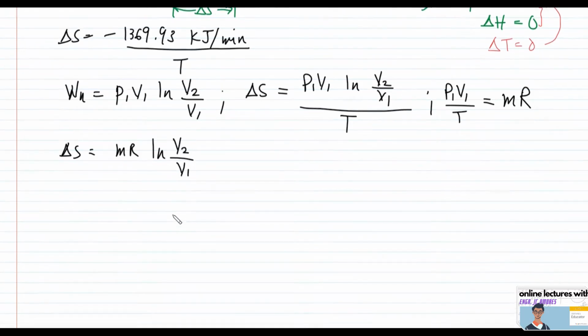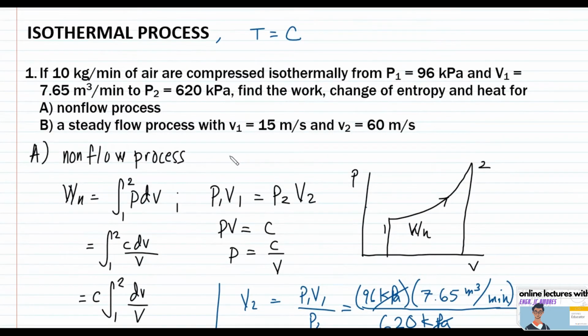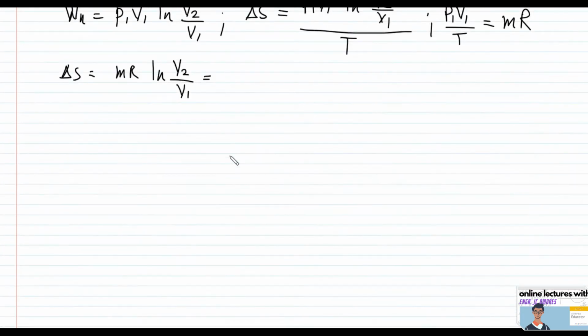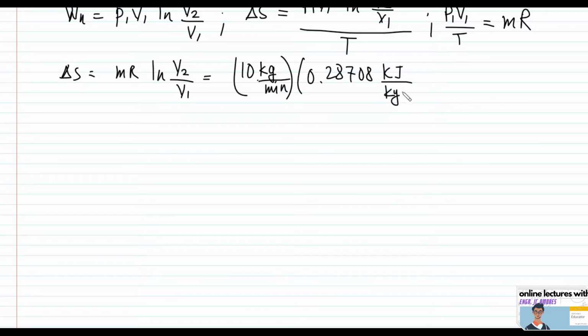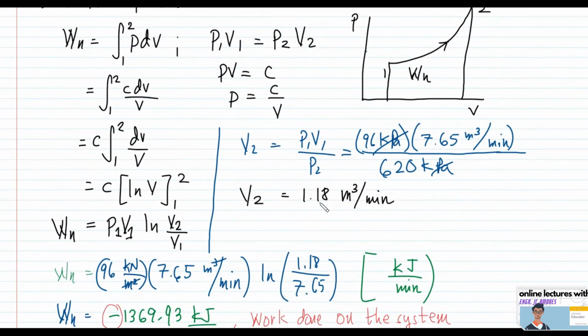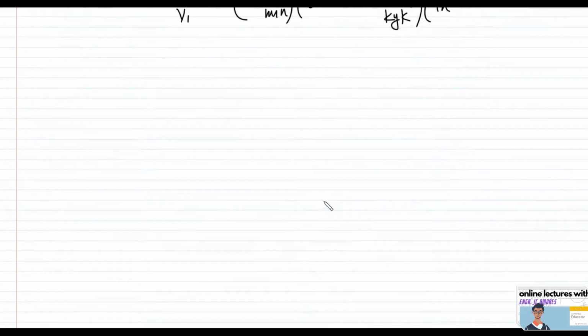So that's a workaround for the formula of delta S, which is equal to Q over T. We're given the mass: 10 kilogram per minute. Then R is 0.28708 kilojoule per kilogram Kelvin, times the natural logarithm of V2 over V1. V2 is 1.18, let me just check that, yes 1.18, and V1 is 7.65.